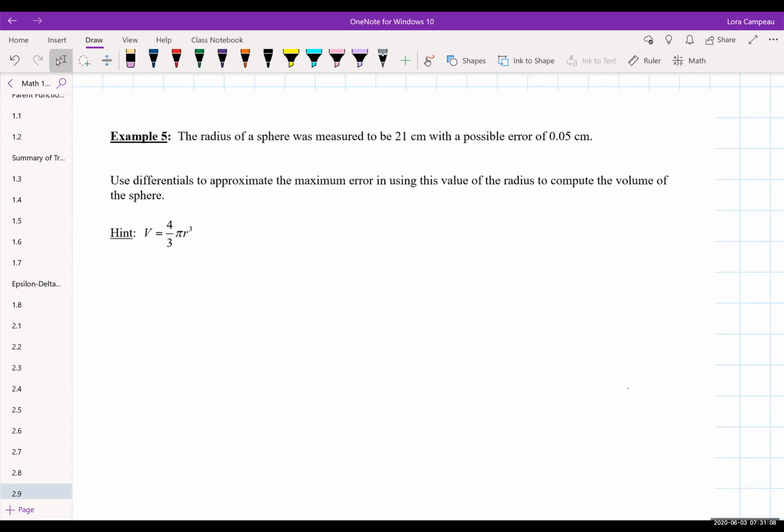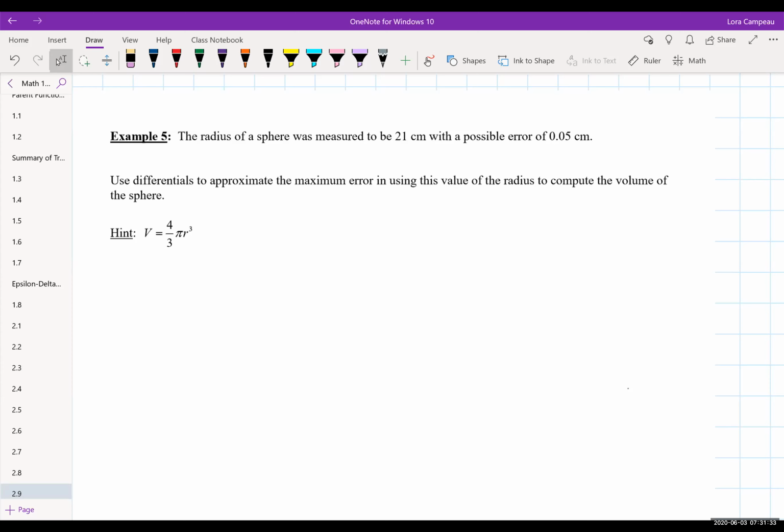So example 5, we've got the radius of a sphere to be 21 centimeters with a possible error of 0.05 centimeters. So finally, a concrete example to apply our differentials to.